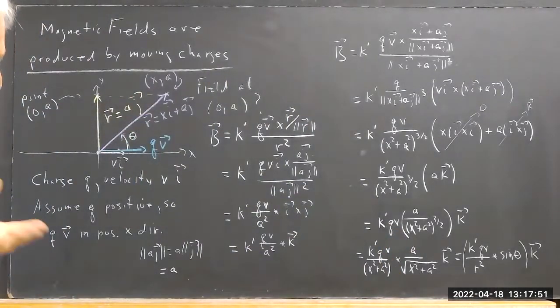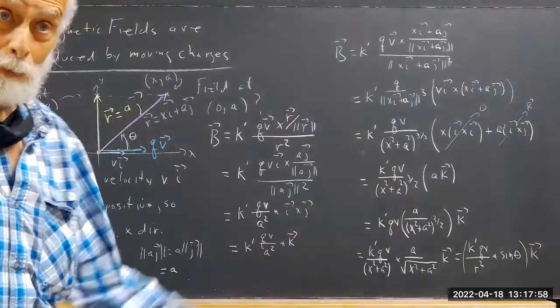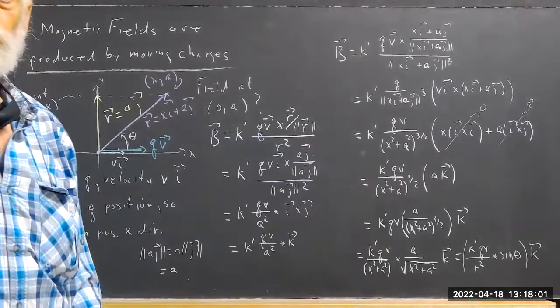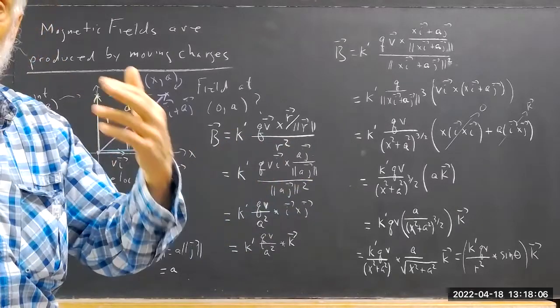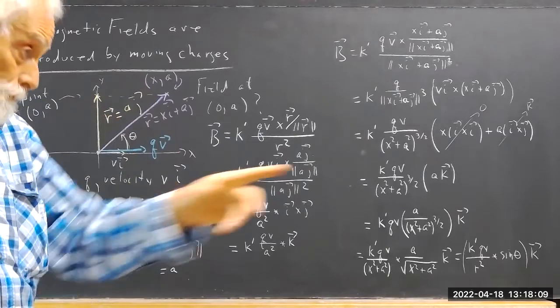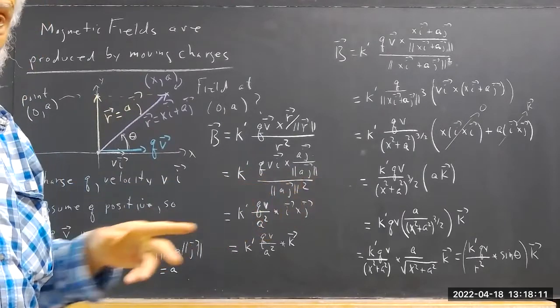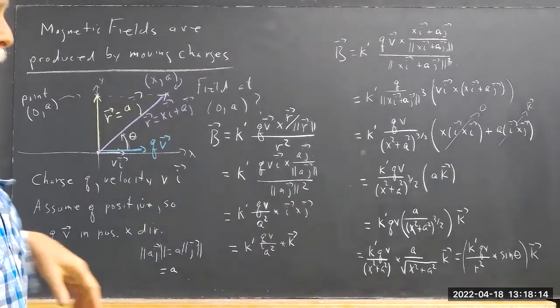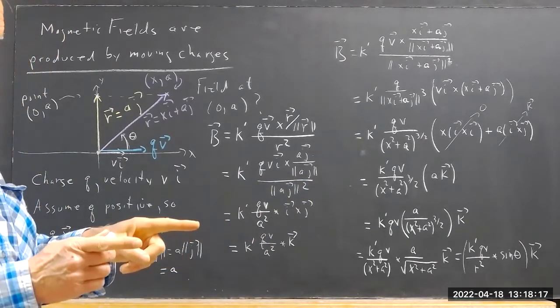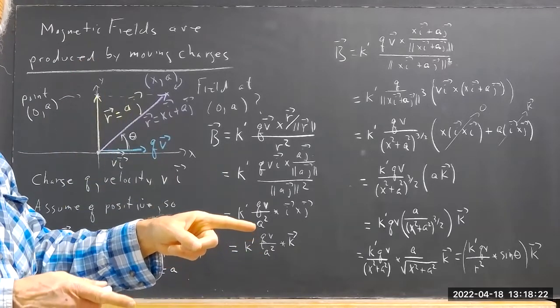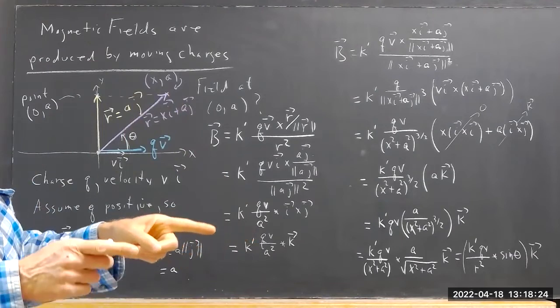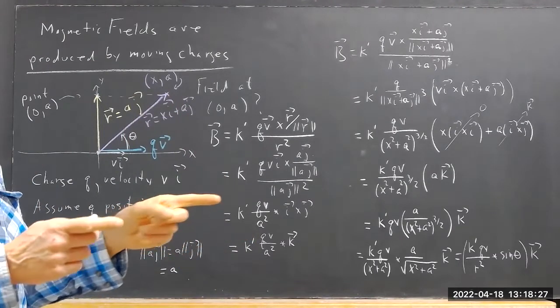That's worth understanding because ultimately we're going to be talking about charges. Soon, in a few minutes, we're going to be talking about charges moving through a current carrier, and we want to get the magnetic field due to that line current, current through a straight wire. Then we might ask, if you've got two straight wires, this wire creates a magnetic field at the position of this wire, and this wire creates a magnetic field at the position of this wire, so they exert forces on each other.